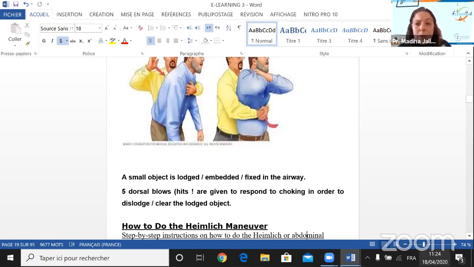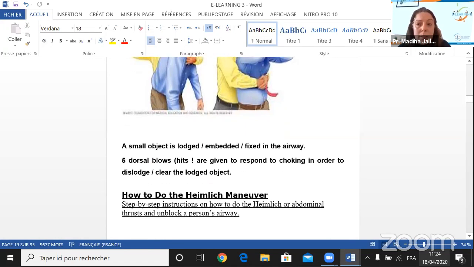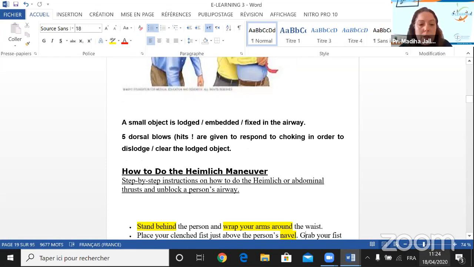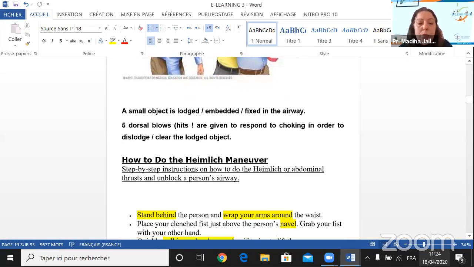Here are some words we used orally, and I left them for you as notes. There is a small object lodged or embedded or fixed in the airway. 5 blows or 5 hits are given to respond to choking in order to dislodge or clear the lodged object. And how to do the Heimlich maneuver.